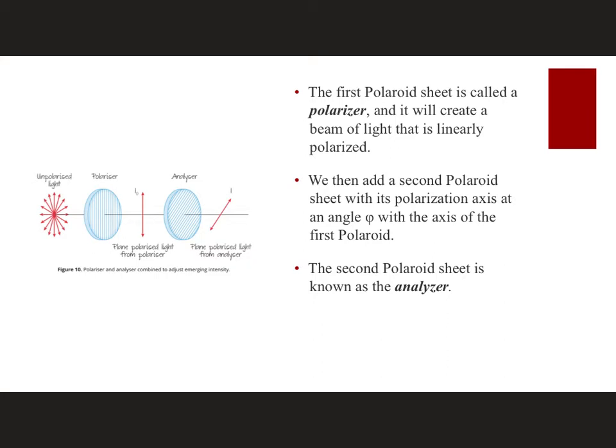Now, if I have this second one here at 90 degrees, realize that the light only has a vertical component, and this one would only be letting through things that have a horizontal component, and nothing will get through.